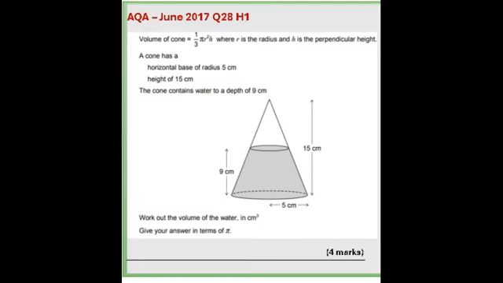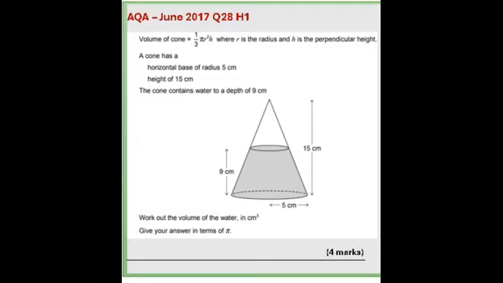And now you have this information: the radius of the cone, up to what level the water rises, and the height of the cone.